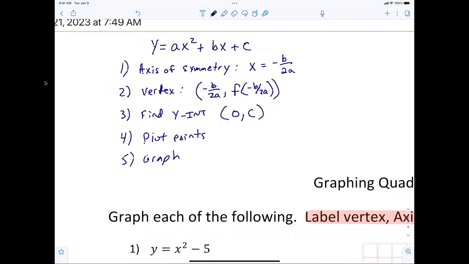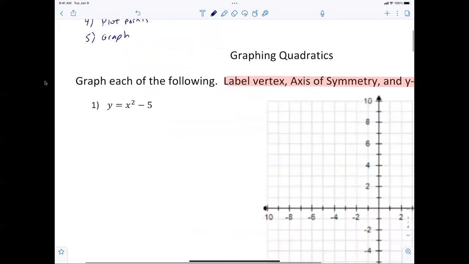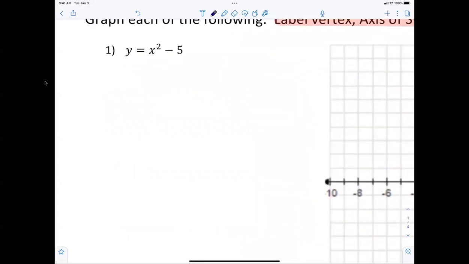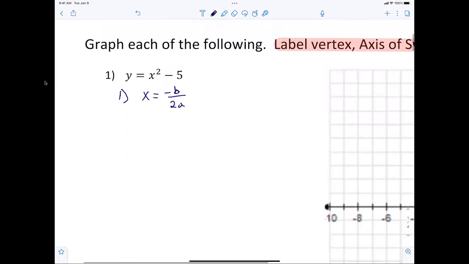Let's start with question number 1. So again, if you look up at our notes, step number 1 is we're finding the axis of symmetry. The axis of symmetry, I want everybody to write down, is x equals negative b over 2a. Now keep in mind the a, b, and the c come from ax squared plus bx plus c.